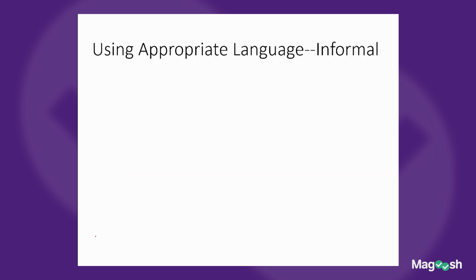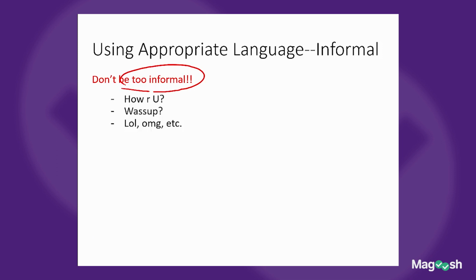Let's first look at similar tips, though, for our informal letters, okay? So, some tips here. Make sure you're not too informal, okay, with these letters. This is something that comes up every now and then when I work with students, where they're using language that they maybe use in text messages or on social media, right?